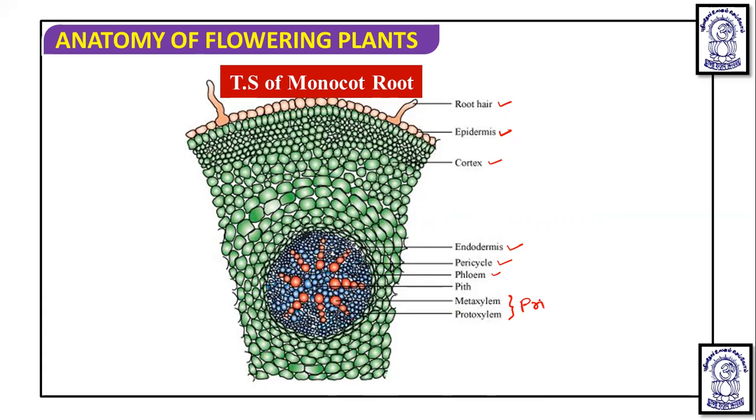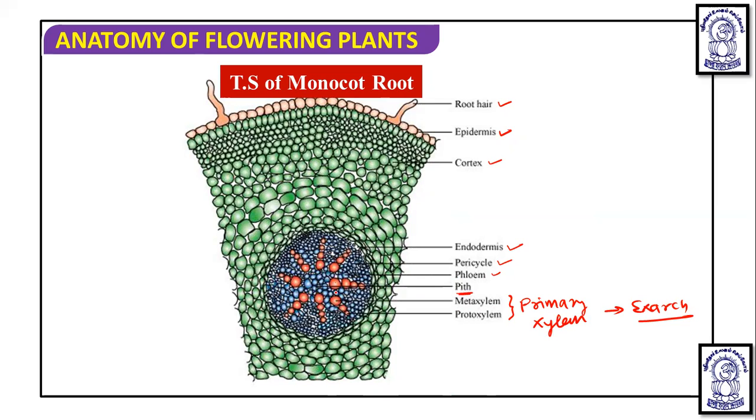These form a primary xylem, and this primary xylem also shows the exarch arrangement because protoxylem is on the outer side. So growth is taking place towards the center, and in the center you will see the pith. Here also conjunctive tissue is present. If you count the vascular bundles, you can count 1, 2, 3, 4, 5, 6, 7, 8.